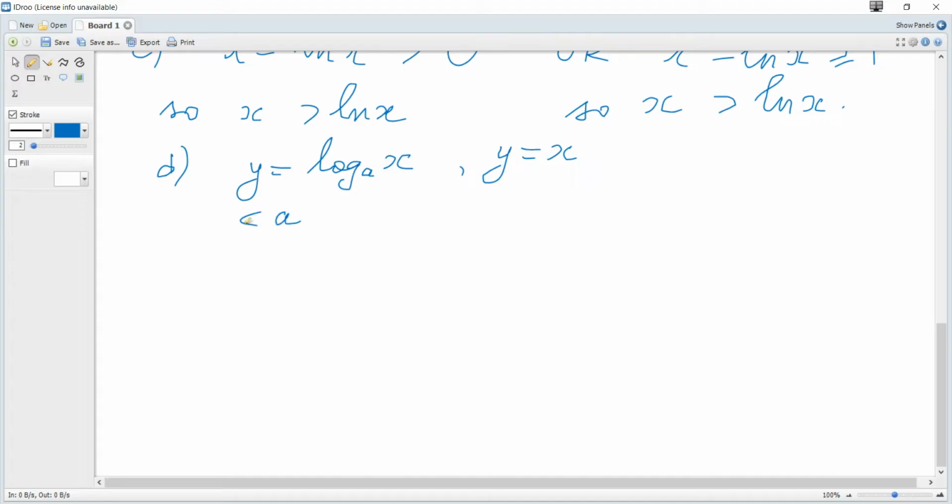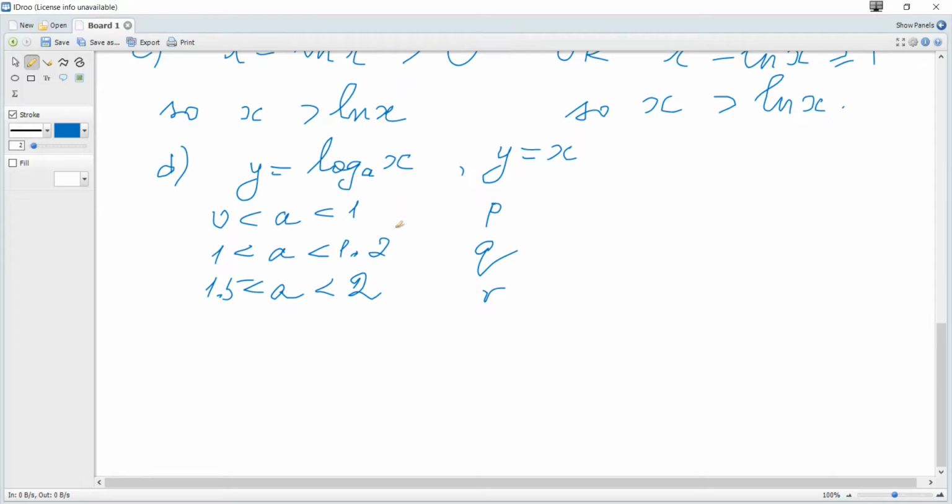For a from 0 to 1, the number of intersection points is p, for a greater than 1 and less than 1.4, the number of intersection points is q, and for a from 1.5 to 2, there are r intersection points. By investigating the graph of y is log base a of x for different values of a, write down the values of p, q, and r, 4 marks.